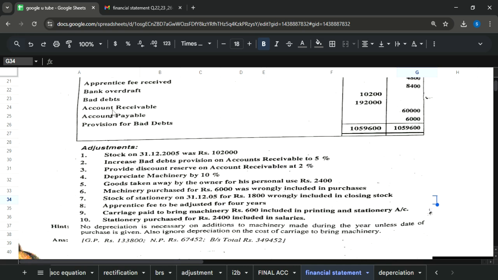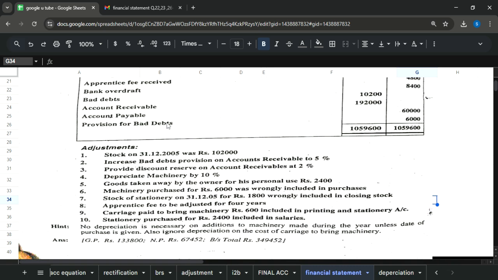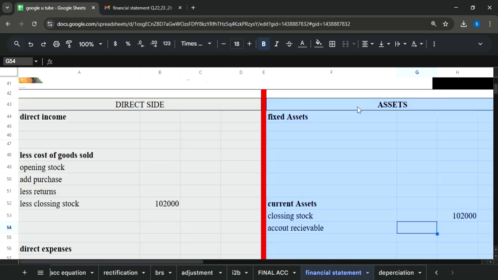We don't have sundry debtors, so instead we will use accounts receivable. Sundry debtors we have written, that's okay, but for your convenience I'm going to write accounts receivable, the amount of which is 192,000. Write it down over here.